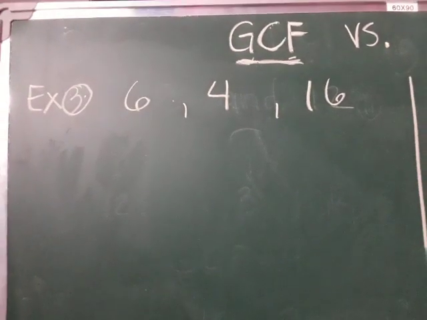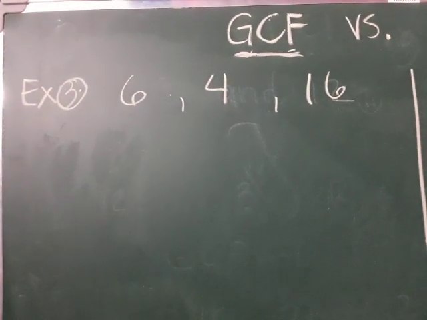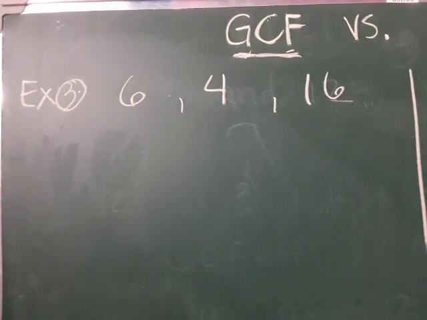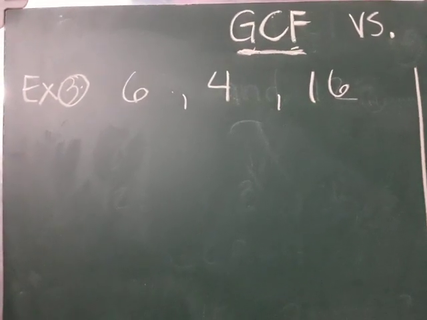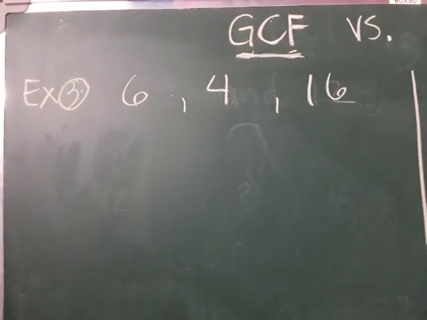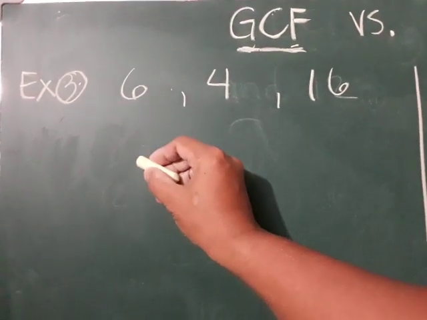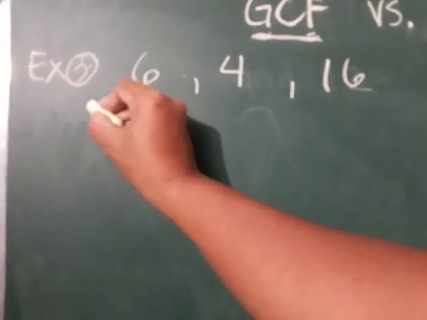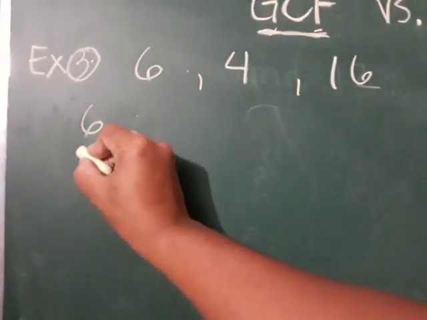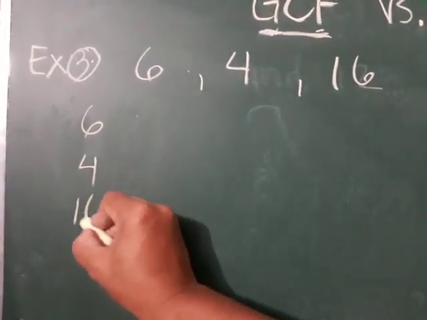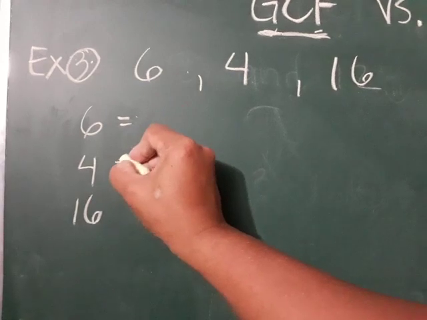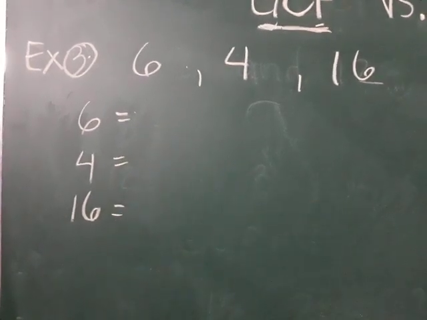Okay, at this time, we're going to do 3 given numbers. So let's start with the listing method, GCF first. So we have 6, 4, and 16. We need to list their factors first.